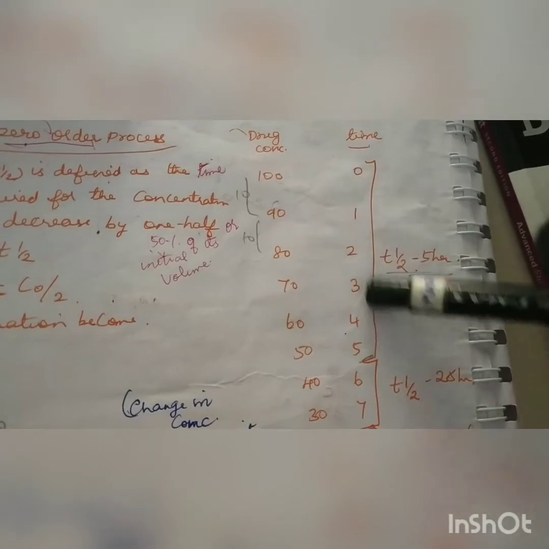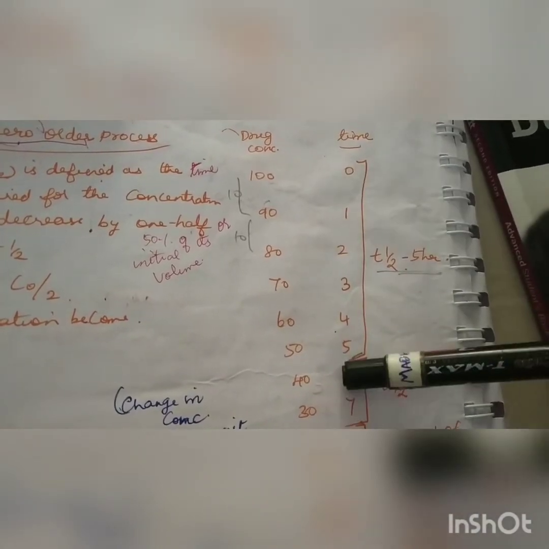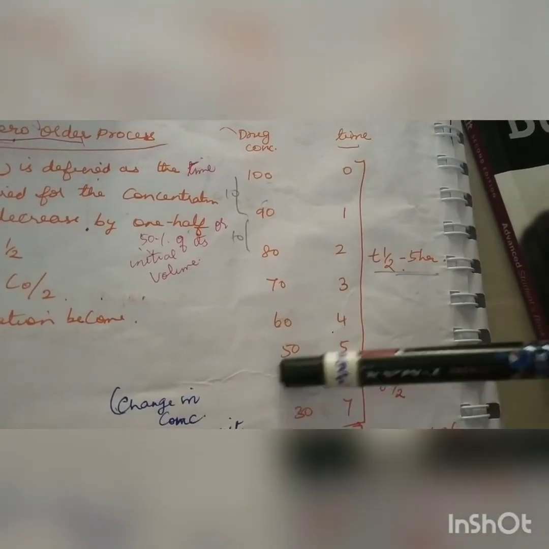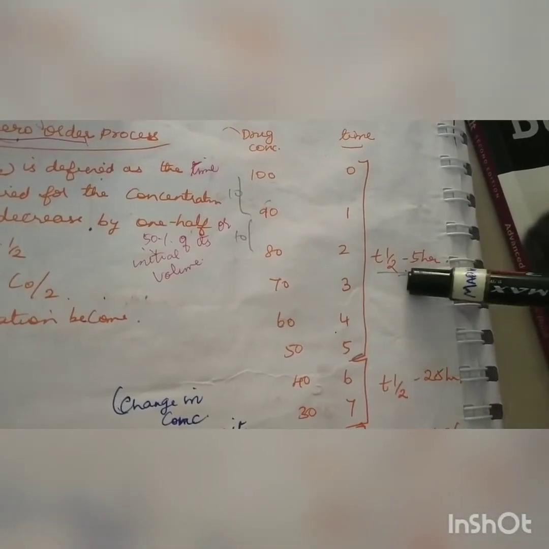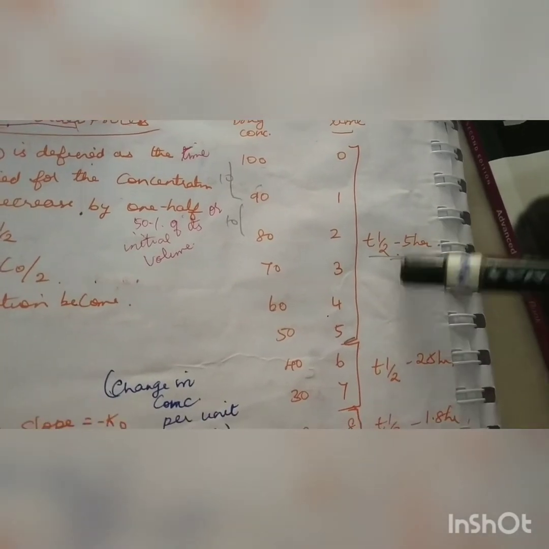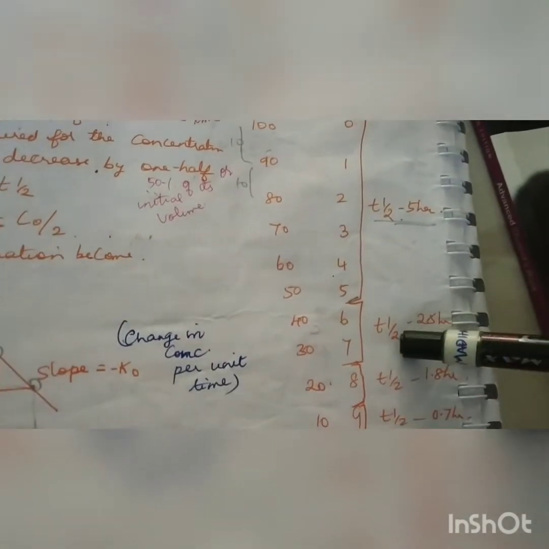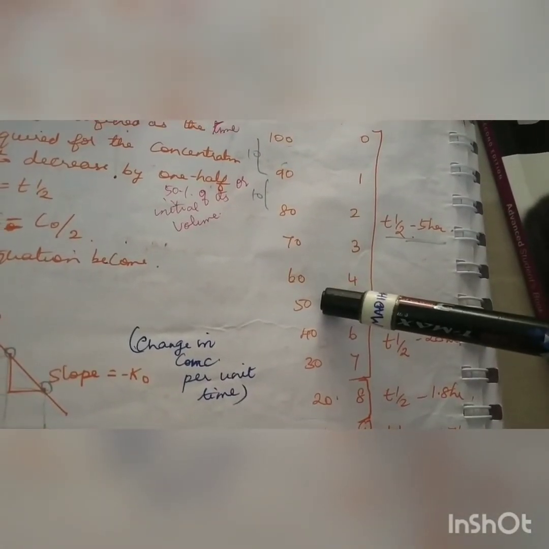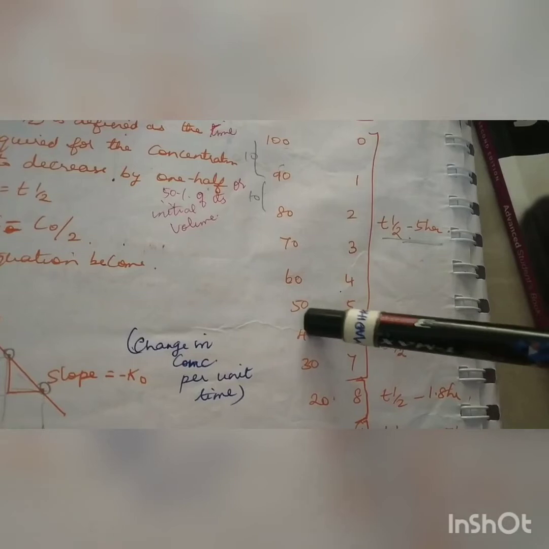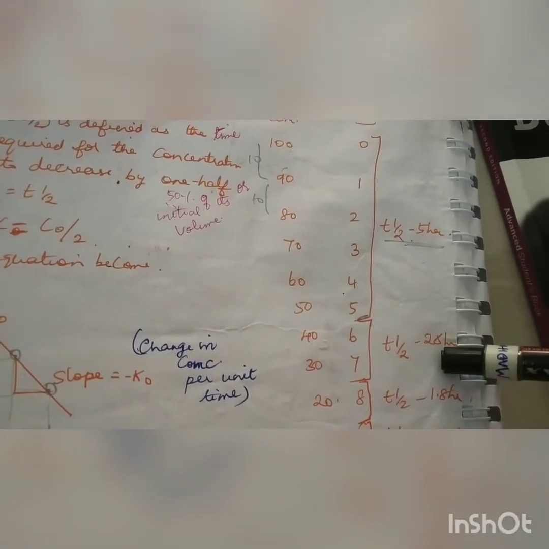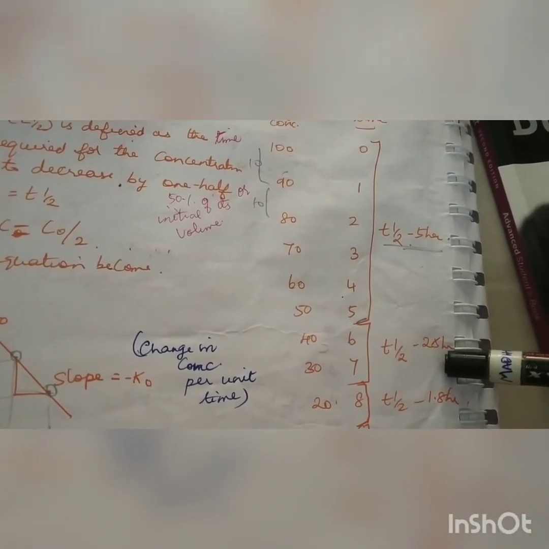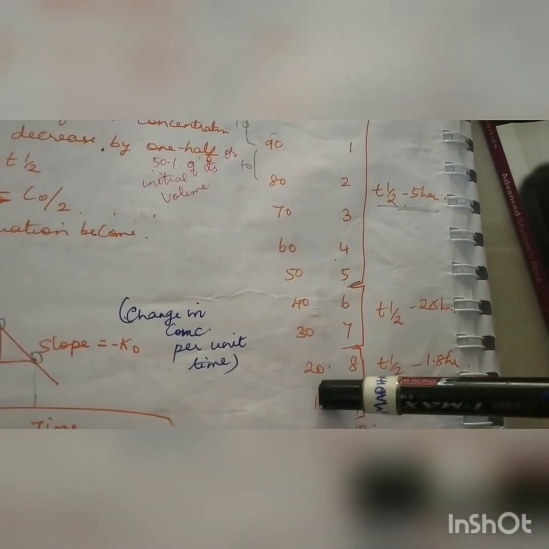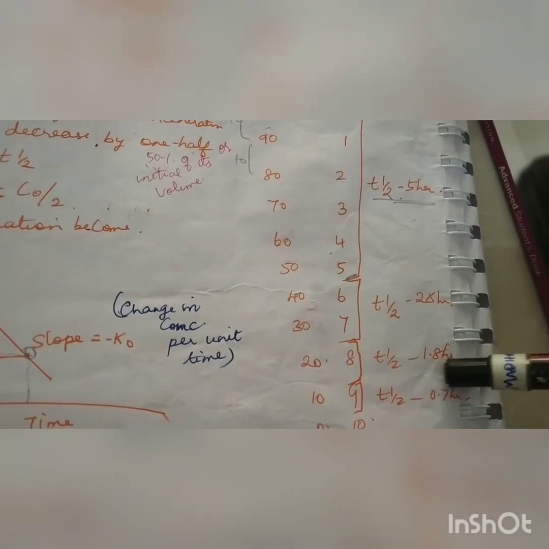So it will take 5 hours for the drug to go from 100 to 50 milligram. Fine. This is the first half-life. And after that, from 50 to 25, it will take 2.5 hours. Fine. And then it will take 1.8 hours.